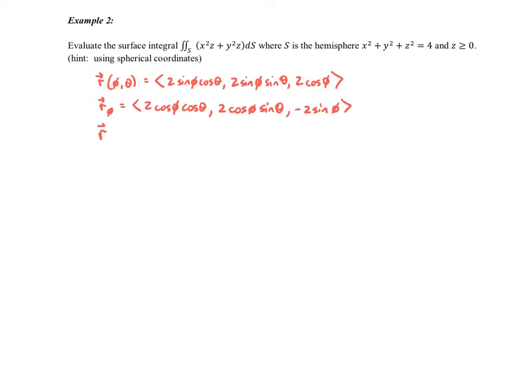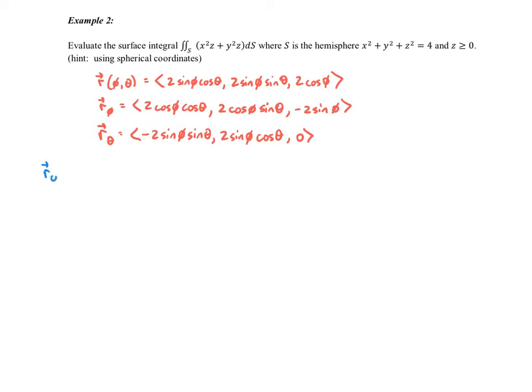And then we have the partial with respect to theta, which is going to be negative 2 sine phi sine theta, 2 sine phi cosine theta, and 0. Okay, you can already start to see this problem is going to be sort of lengthy, but then let's go ahead and tackle the cross product of these two partial derivatives.